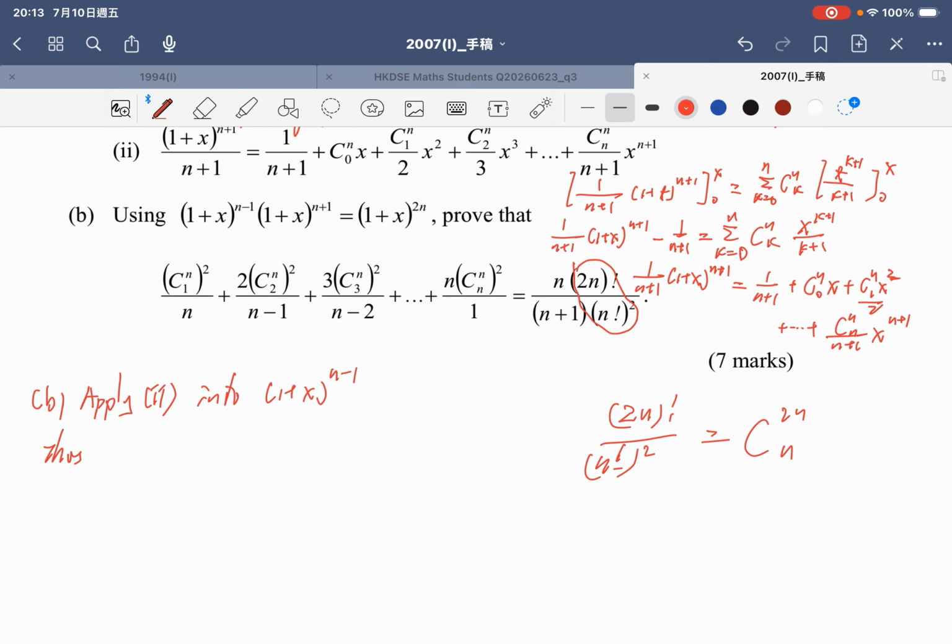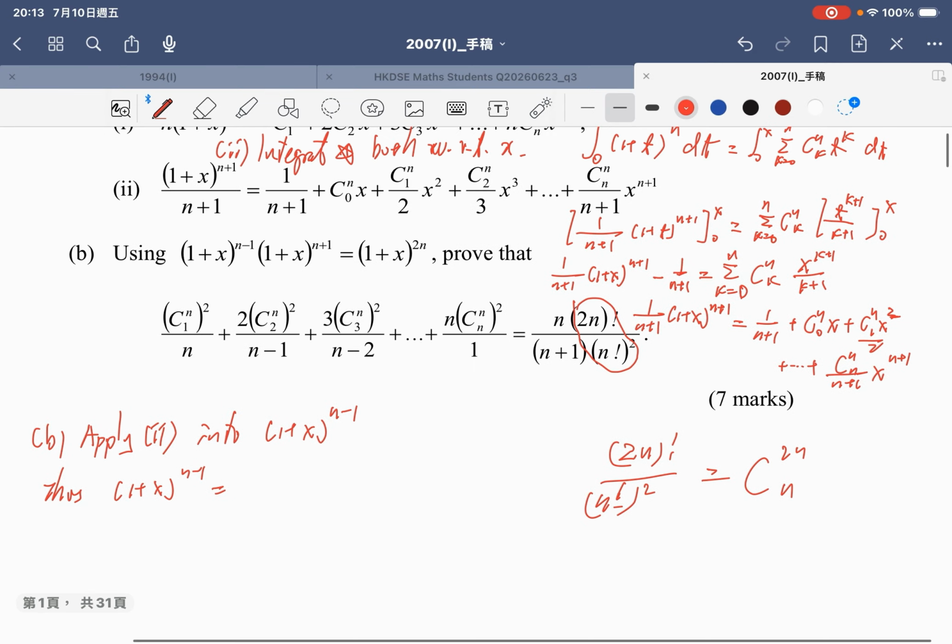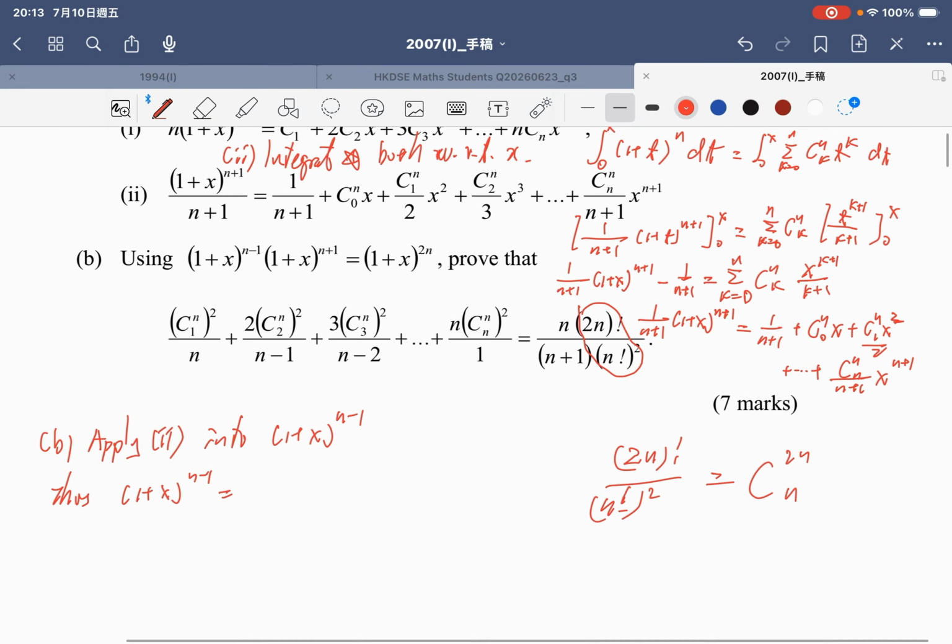Thus, we have (1 + x)^(n-1) can be, let me see. Yes, it is.